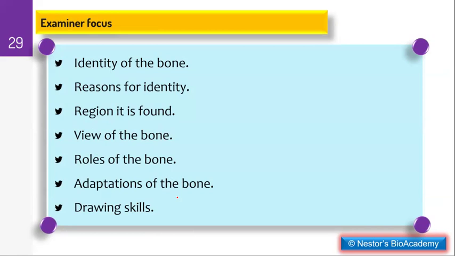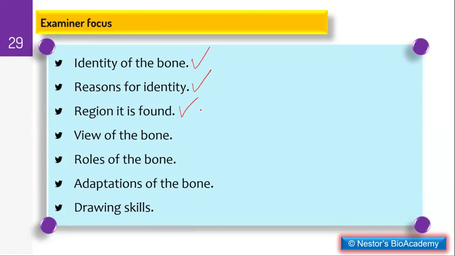Most of the times, we will always require you to identify the bone. You'll be given questions requiring you to identify the bones. And most of the times, we will always want you to give reasons for your identity. So knowledge of the distinguishing features of the bones becomes very important. We will always ask you to state the region of the body where it is found. And again, it's important for you to be very specific and avoid vague responses.